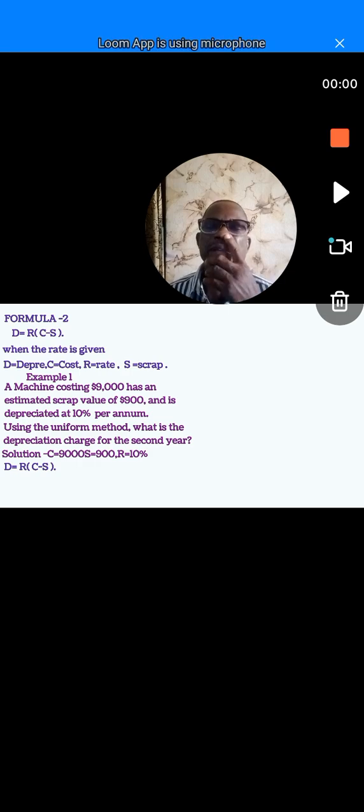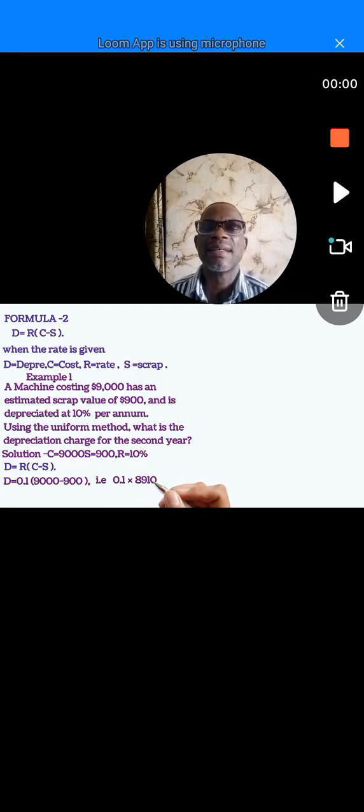That is D is equal to 0.1 into 9,000 minus 900. This will give you 0.1 times 8,100, and 0.1 times 8,100 will give you 810, and that is the depreciation per annum.